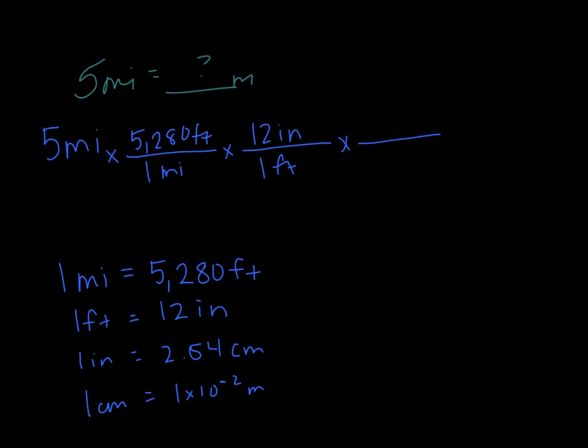And then I'm going to have 1 inch is 2.54 centimeters. And then after centimeters here, I'm going to have 1 centimeter is equal to 1 times 10 to the negative 2 meters.